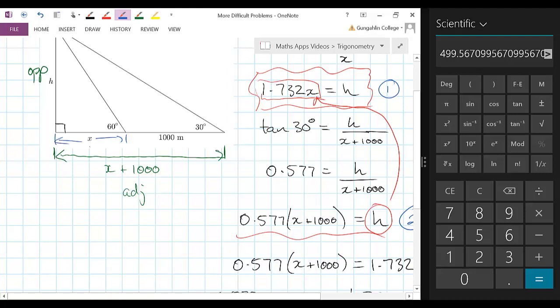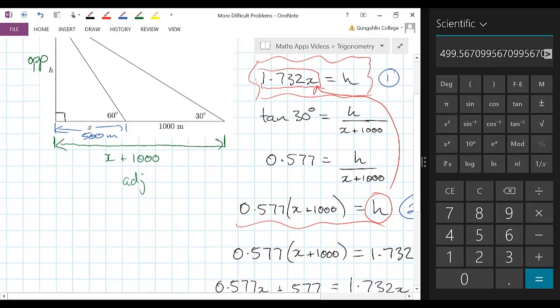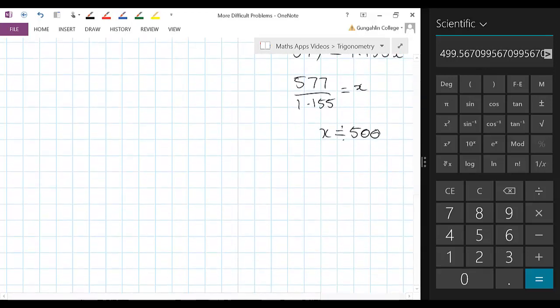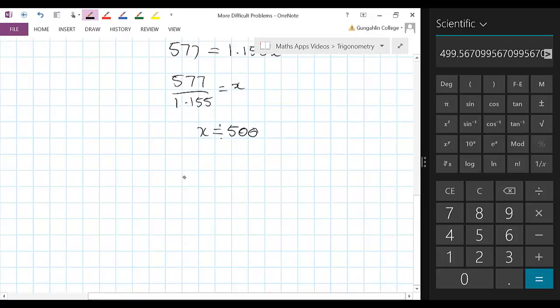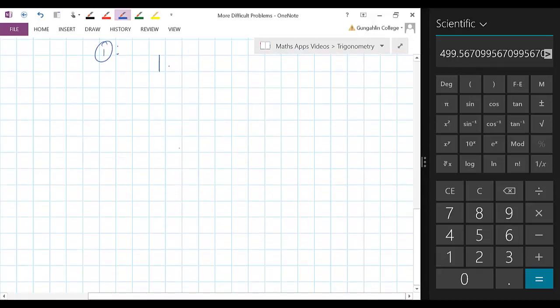Now we should also find out what h is. The easiest way to do that is just to use equation 1 again. So I know h in terms of this thing, so substituting into equation 1, let's remember what equation 1 was. It was 1.732x equals h.